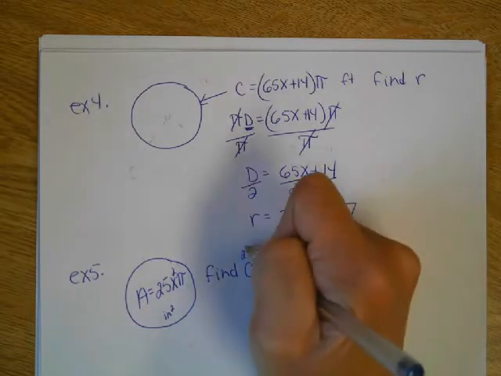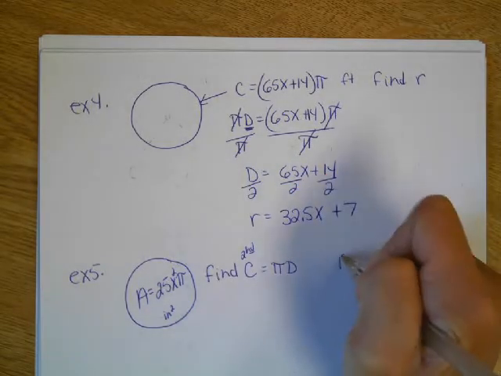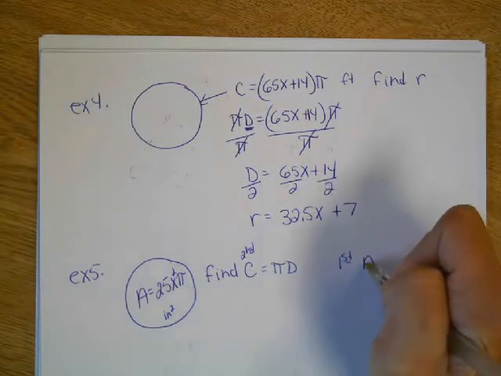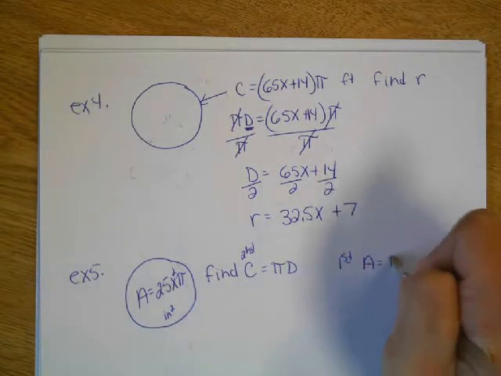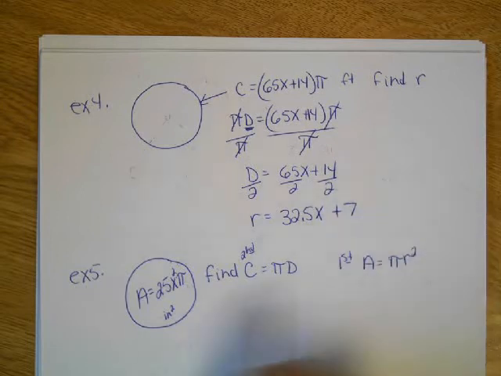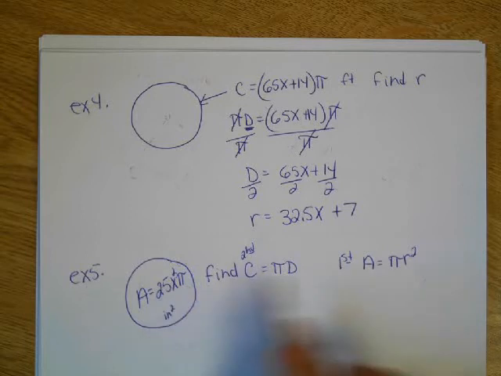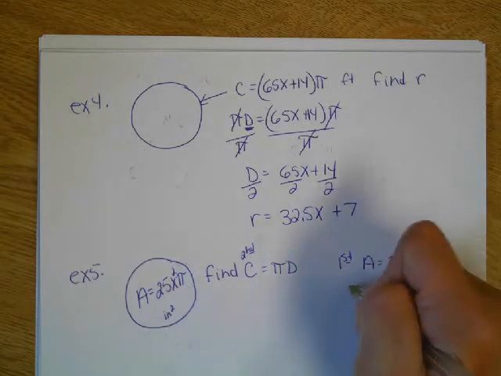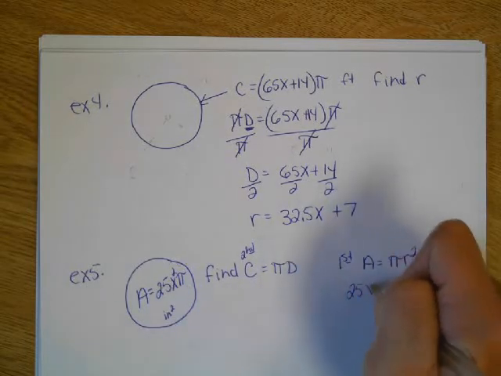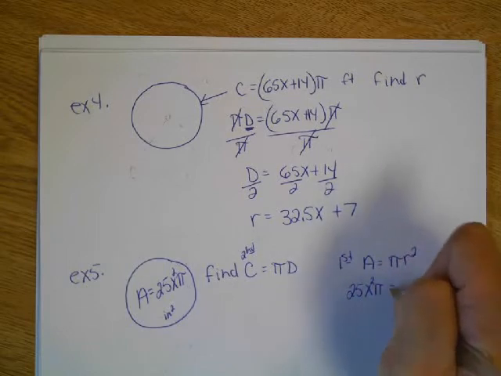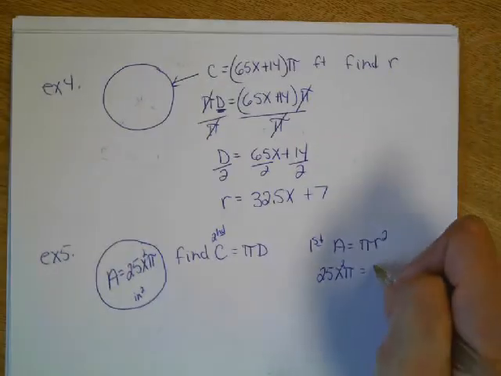This will be second. So first, I know that the area of a circle, the formula is pi r squared. I can put the value in for the area and then solve for the r. So, in place of area, I can substitute in 25x squared pi, leaving the formula here, pi r squared.